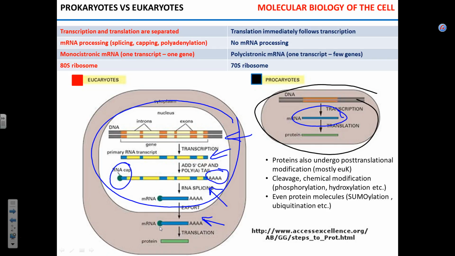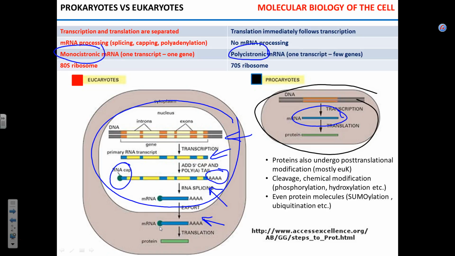Another concept that I'm just introducing here, and I will explain, it's pretty simple. The mRNA, the messenger RNA of eukaryotes, is monocistronic. In prokaryotes, polycistronic. What does it mean? It means that when DNA is transcribed in, say, bacteria, several genes can be transcribed together, forming one mRNA molecule.